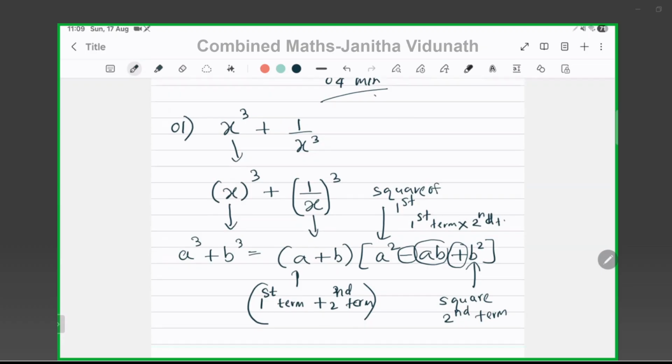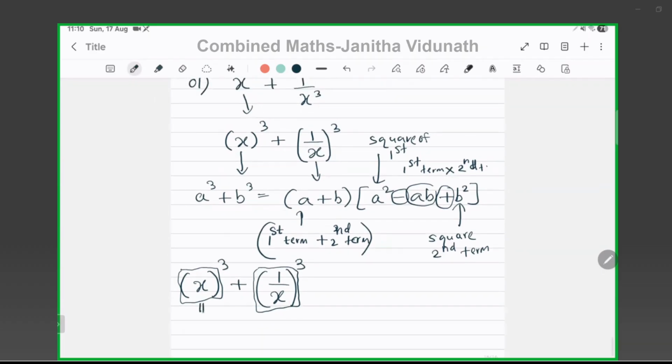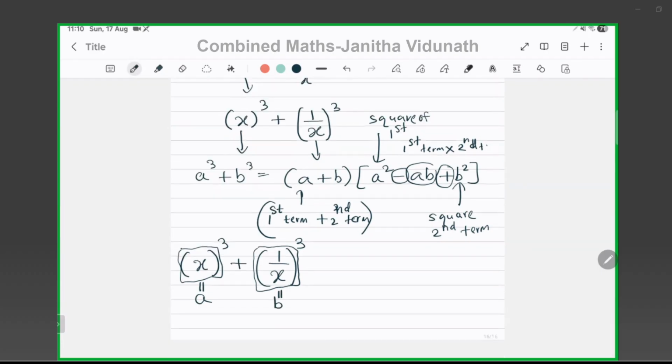Okay. By this, now we can write our first term is x to the power 3, and now the second term is 1 over x to the power 3. Here the power belongs to the x term, and here this power belongs to 1 over x. Then we can think of this as a and this as b.